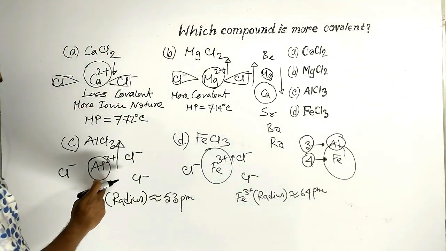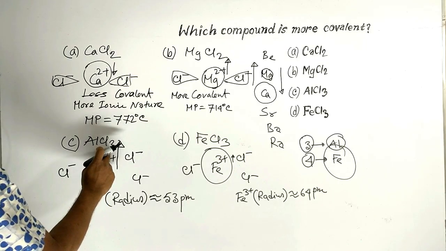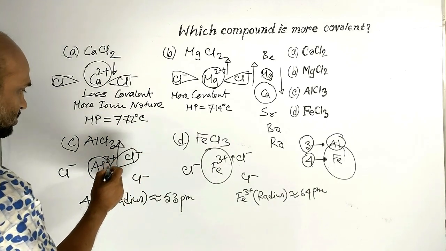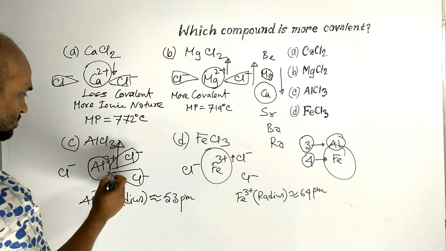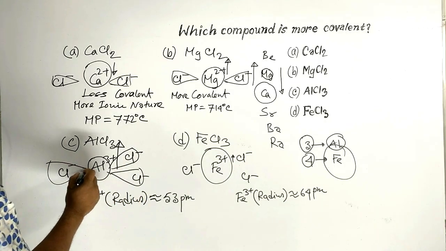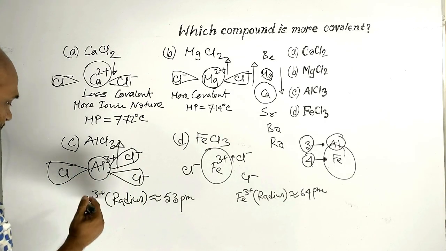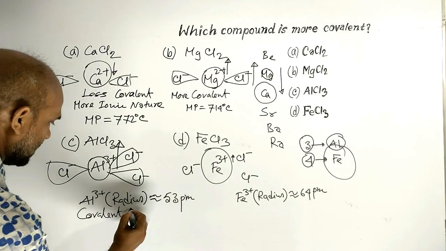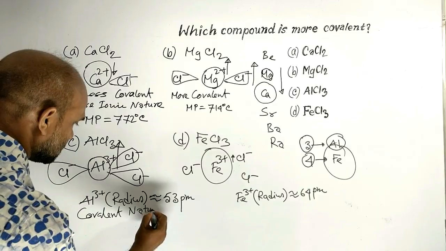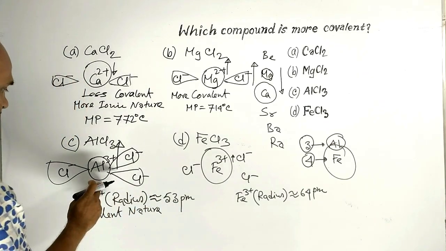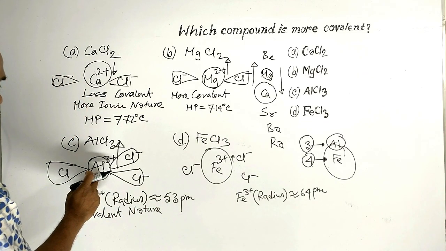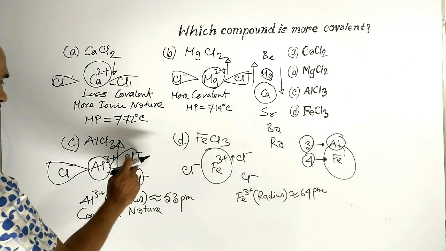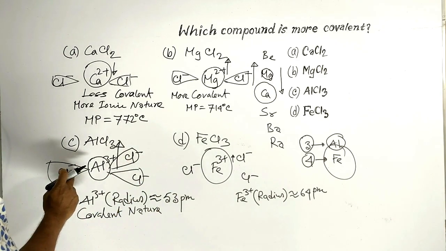As here positive charge density is higher, it can polarize the chloride ions maximum. That is, it attains covalent nature. As aluminum 3 plus ion is smaller in size, it can polarize the chloride ions the most.